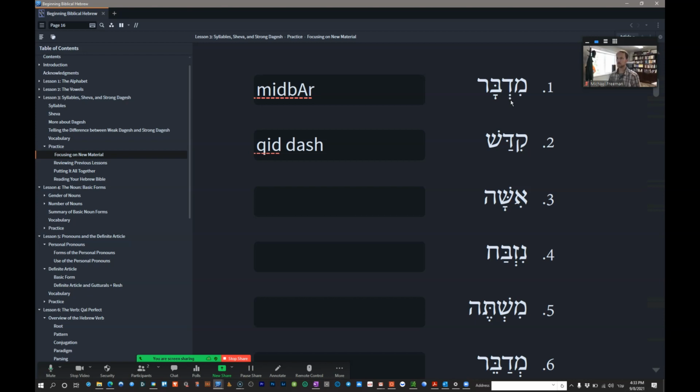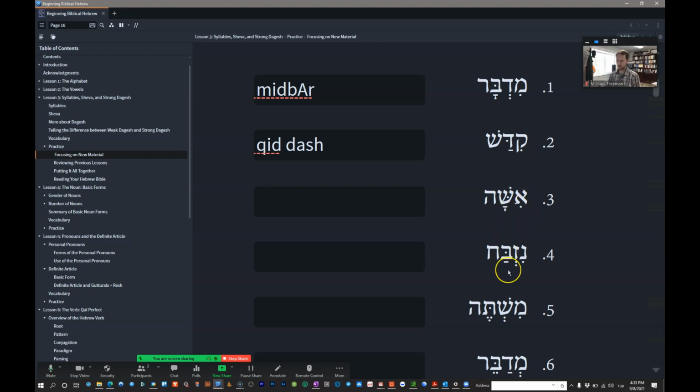But the silent shavah is not a vowel. It's just sort of a syllable divider. All right, so when you look at a word with a dagesh, if it's surrounded by vowels, then it must be strong enough to support both vowels.